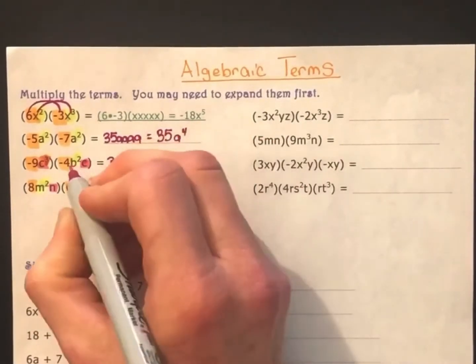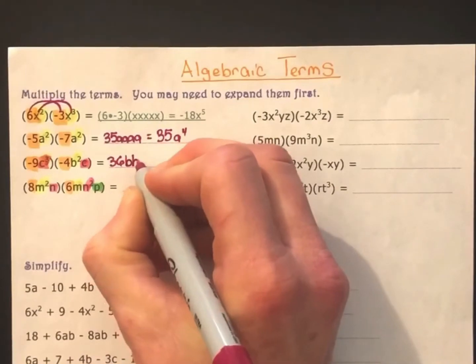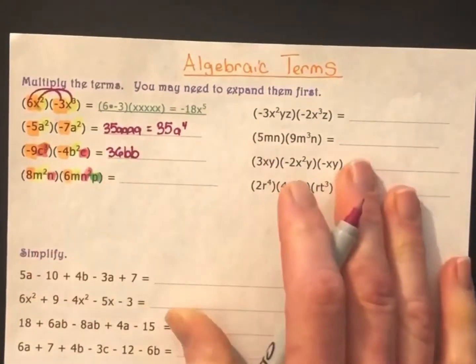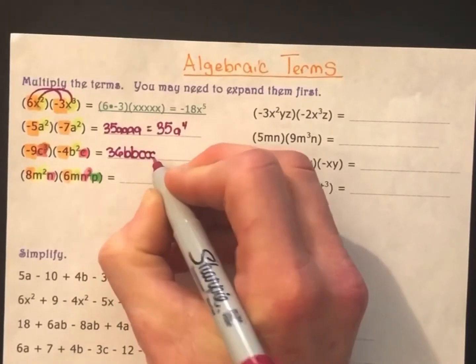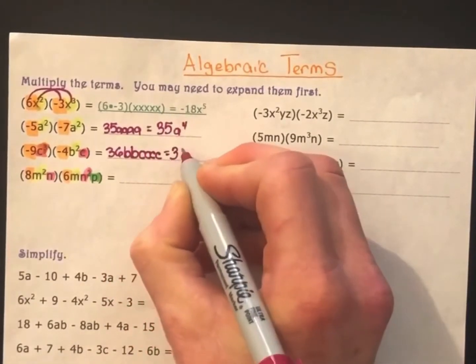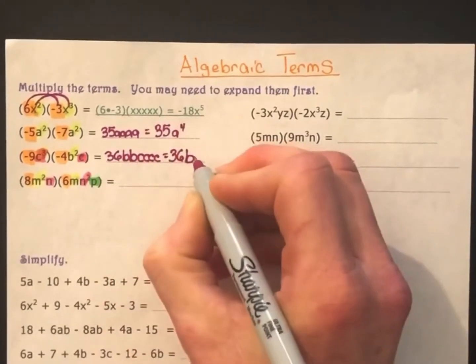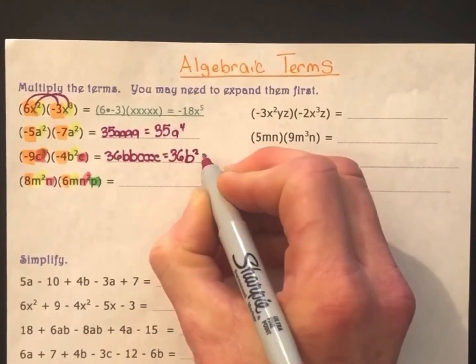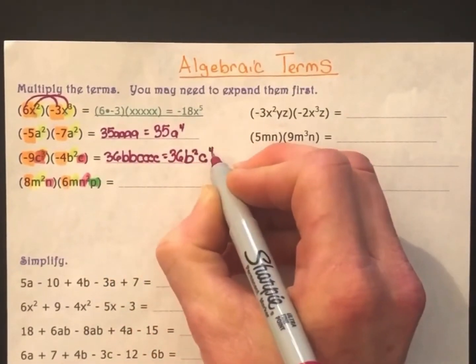We'll do that first because you need to do them in alphabetical order. B squared is 2 b's. And then we have the c's. I'll just write them all in expanded form first. When I simplify it at the end, I have 36 b squared c to the 4th.